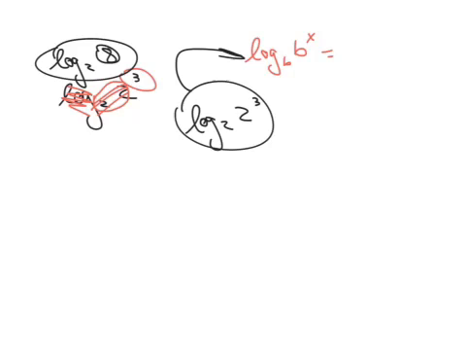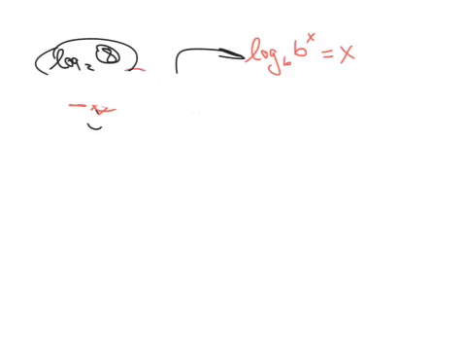When it's in that format, it equals that exponent up there. So I was able to write it in that format, and then I don't even really have to do any work.